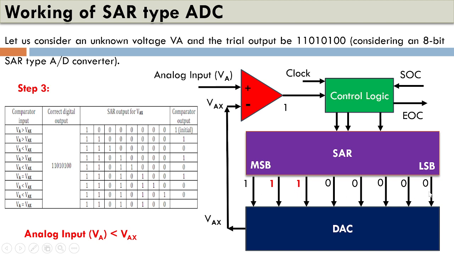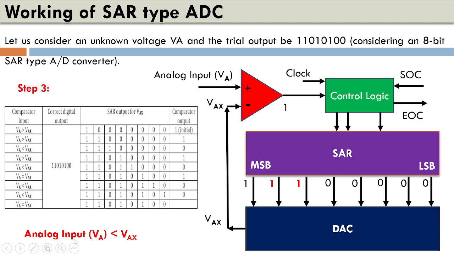Now you compare this with the trial digital output. We can see the output of the SAR is now greater than the trial digital output, so the value of Vax is obviously greater than Va.